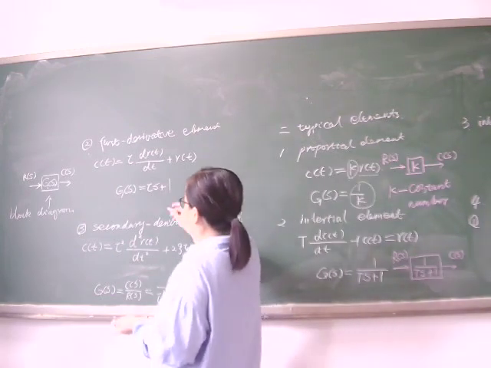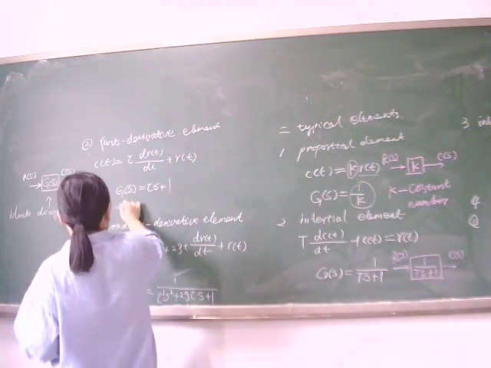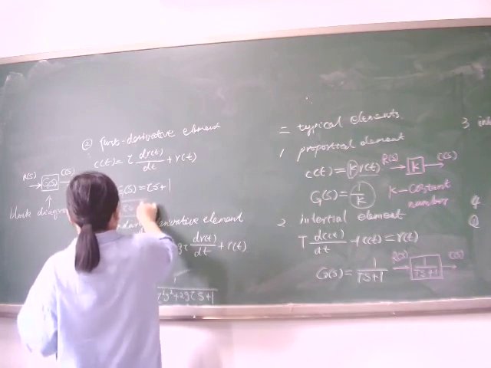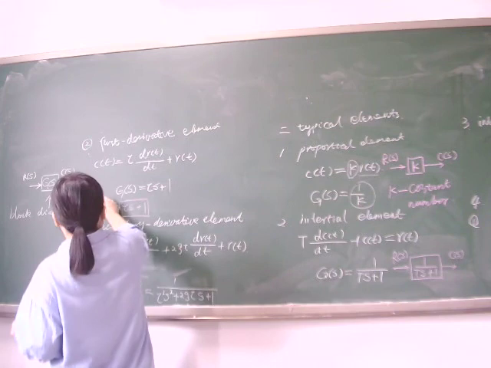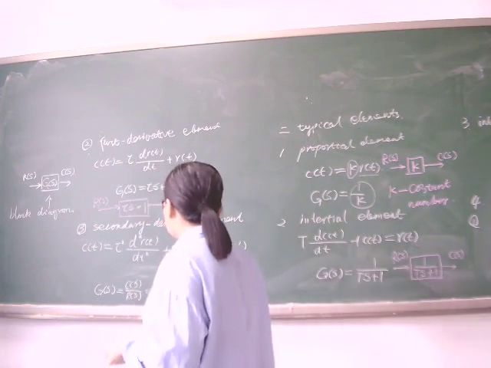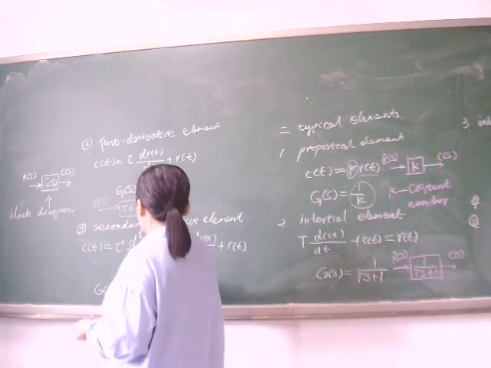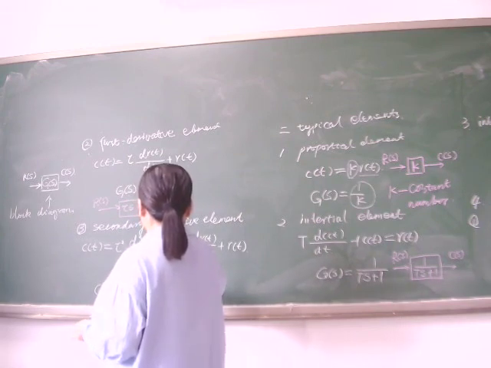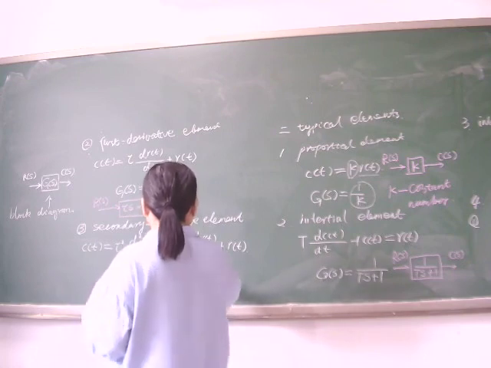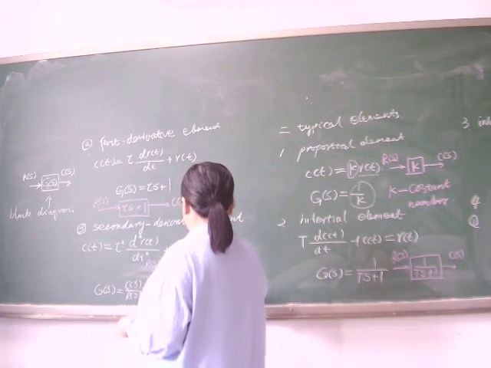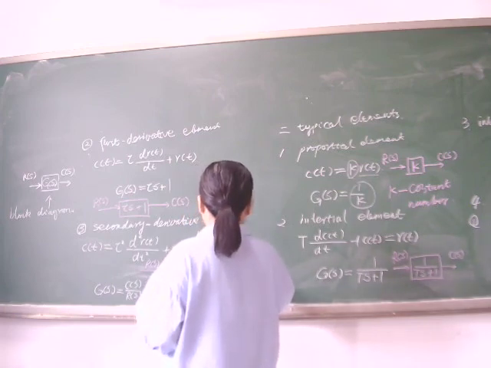The first derivative element is the same: tau s plus 1, input R(s), output C(s). For the second derivative element, the input is R(s), the transfer function is 1 by tau squared s squared plus 2 zeta tau s plus 1, and this is C(s).